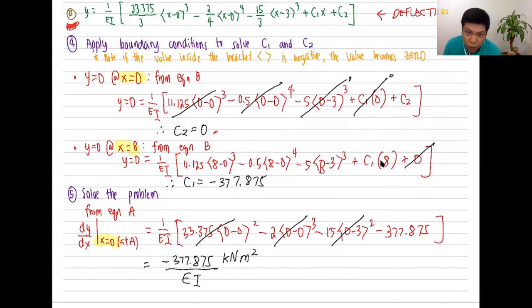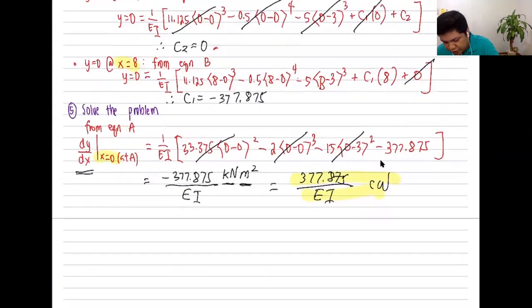So if I divide the two, it becomes radians. Okay? So unitless. So remember, for slopes, the numerator is force times length squared. I didn't convert anything, so the force is in kilonewtons and the length is in meters. Okay? So since I have a negative answer, I can say that's 377.875 all over EI clockwise. Okay? This is now my final answer.